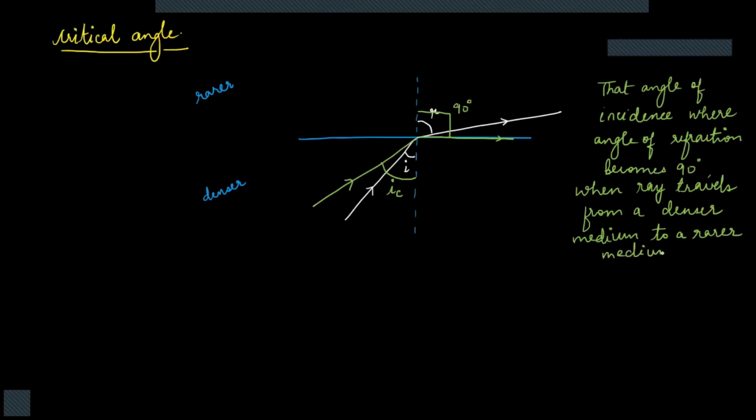Now this point is very important: when a ray travels from a denser medium to a rarer medium, because this process cannot happen when the ray moves from a rarer medium to a denser medium.